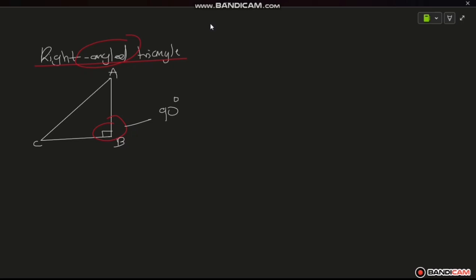What we must know is that we have three sides in all triangles, but this AC side, the longest side in this triangle, is known as what? The hypotenuse. This AB side is known as the opposite side of the right angled triangle. Then the BC side is known as the adjacent. In India they call it the base. All right.